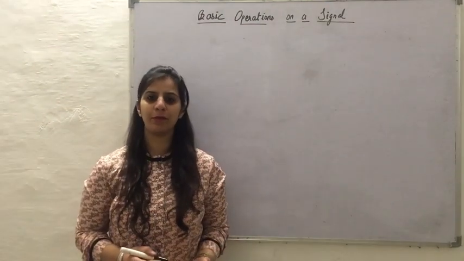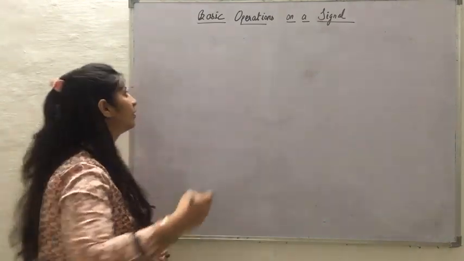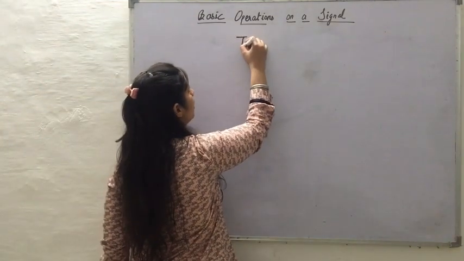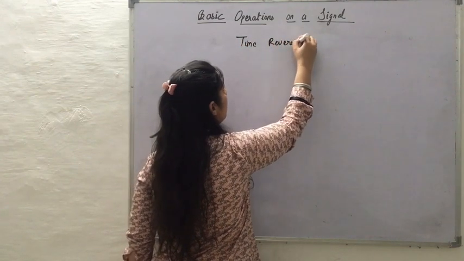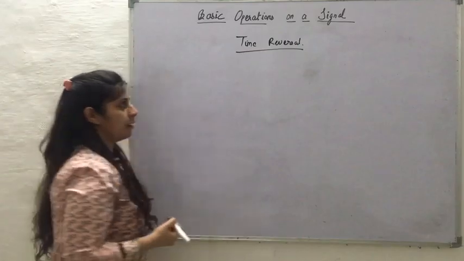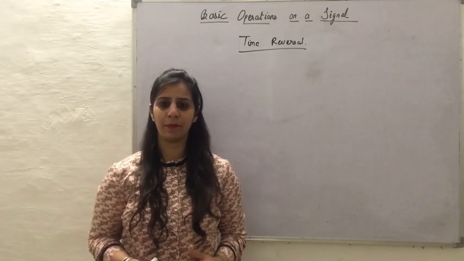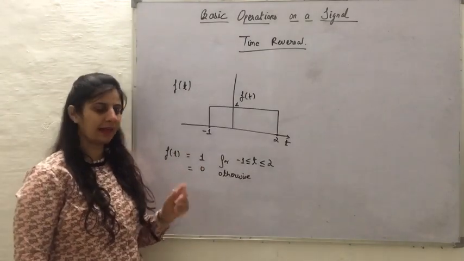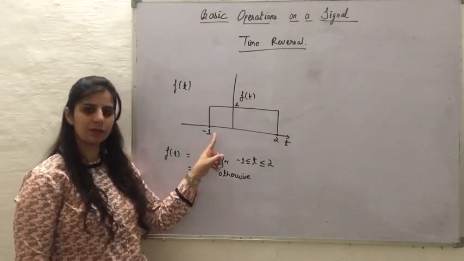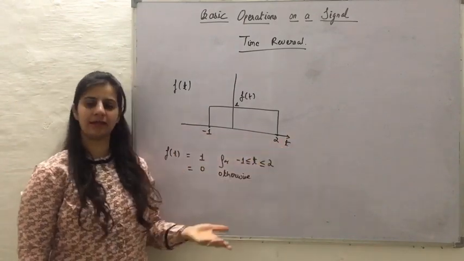There is one more operation that can be performed on a signal, and that is the time reversal operation. The signal that I consider for showing you this kind of an operation is here. f t is a signal that has got a value 1 from -1 to 2, and the value is 0 other than this duration.